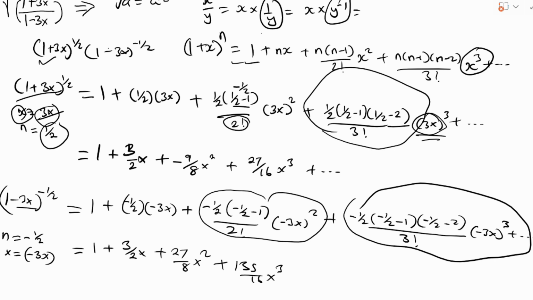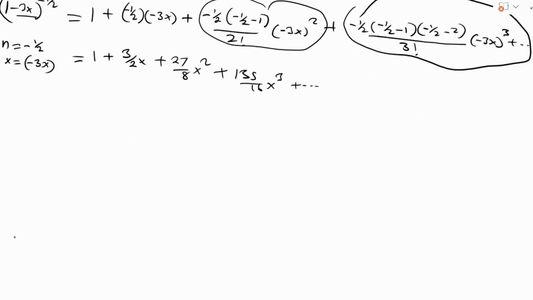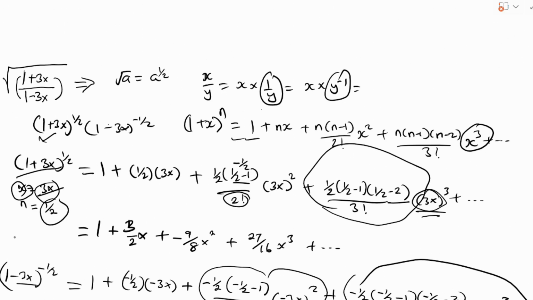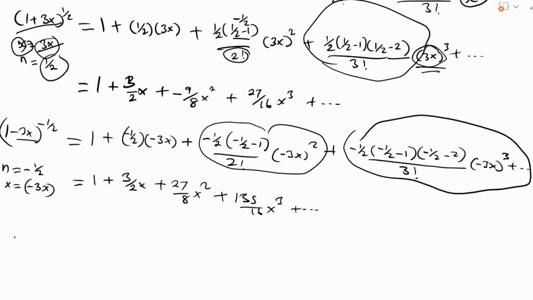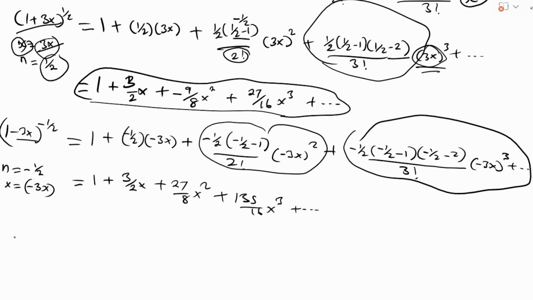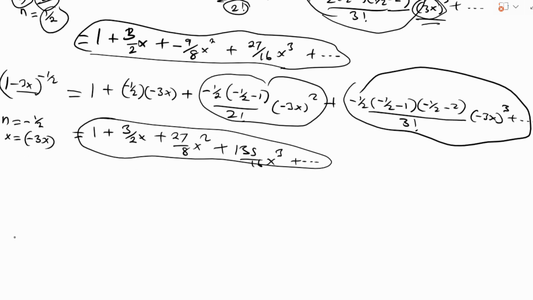Okay, now since we were multiplying here, we are also going to multiply these values. So the expansion of (1 plus 3x) power half was 1 plus 3 over 2 x minus 9 over 8 x squared plus 27 over 16 x power 3, and so on.